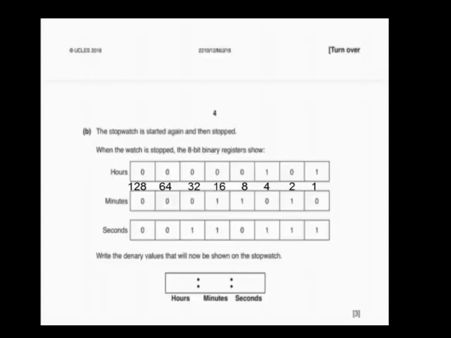Just cross out the value under a 0, so we need to cross out 2, 8, 16, 32, 64 and 128, and finally we just add the remaining positional values, which are under a 1 digit.